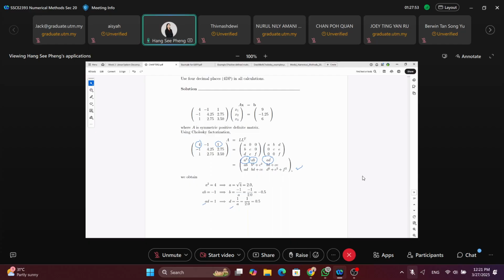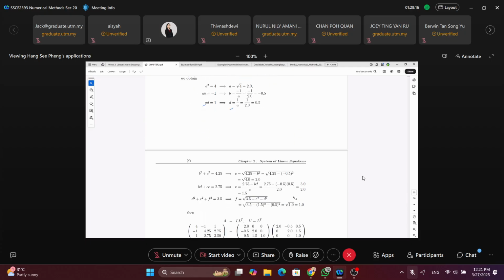And in these decompositions, actually there are only 6 unknowns. Just now, in Doolittle, a, b, c in the L, and in the U you have p, q, r, s, t. Another 6. But this one, because U is the transpose of L, there are only 6 unknowns here.